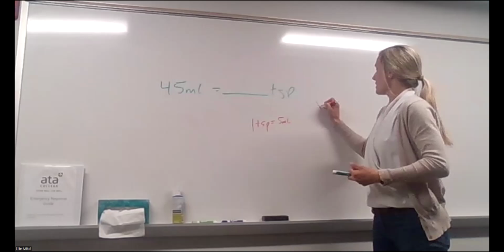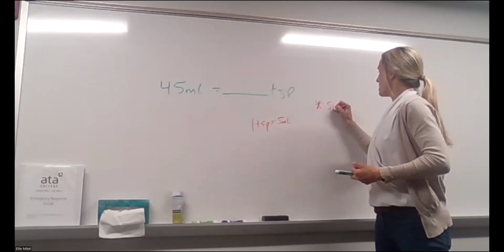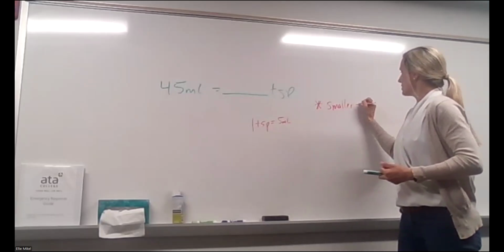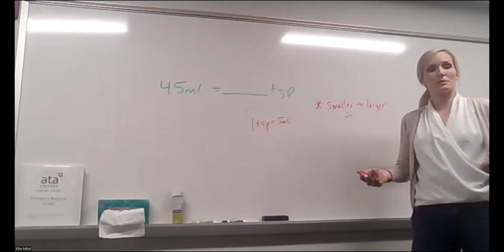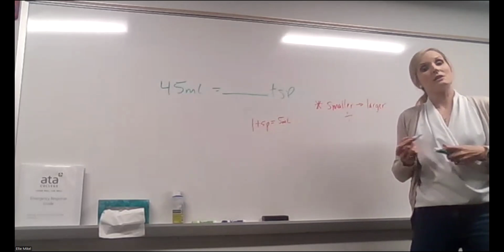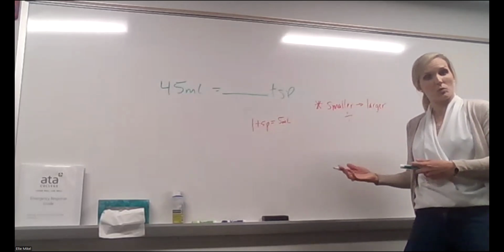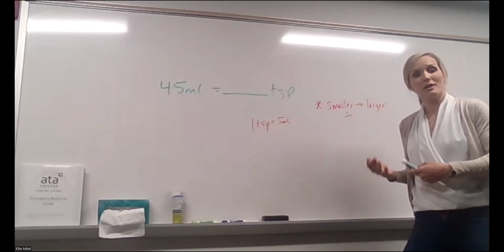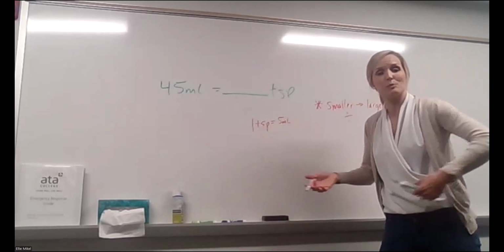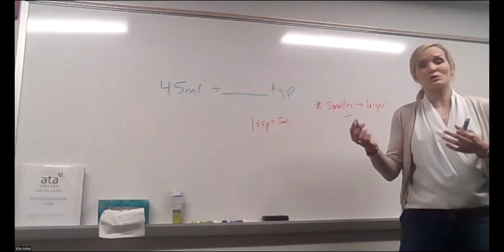If I'm ever going from the smaller unit to the larger unit, sorry, handwriting is terrible, but you guys get the idea, we're always going to divide by the known. So in this case, if you remember what I mentioned on the previous question, milliliters must be pretty small if 5 of them can fit into that 1 teaspoon. So that's why milliliters are smaller.